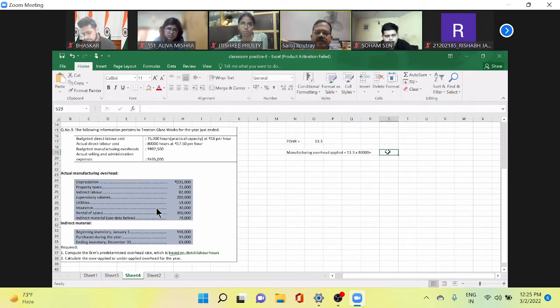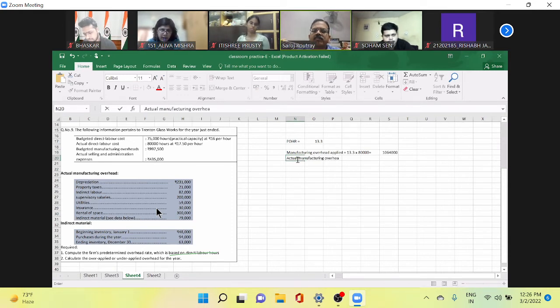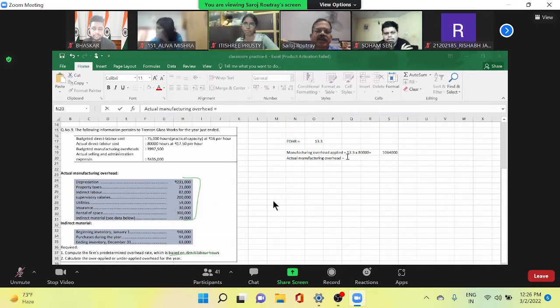So this will be 80,000 into 13.3, which is 10,64,000. And actual manufacturing overhead is equal to, so you have to add the actual manufacturing overhead together. Ten lakh 2,000. 10,02,000.